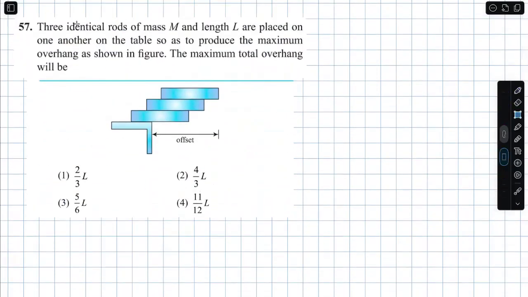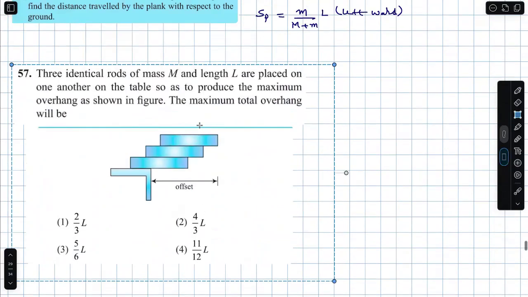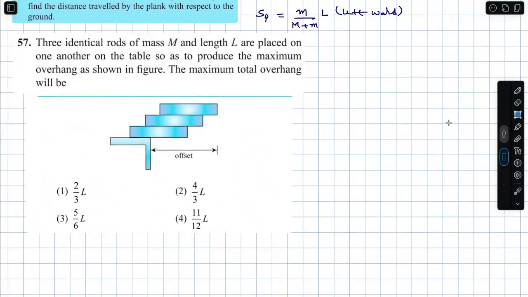Now, next question. Already we have done the theory part of this question, but still I just want to highlight this thing. In this case, we will call this distance x1, this distance x2 and this distance x3. I know already that x1, x2 and x3 are L by 2, L by 4, and L by 6. I have given the sufficient theory for this.